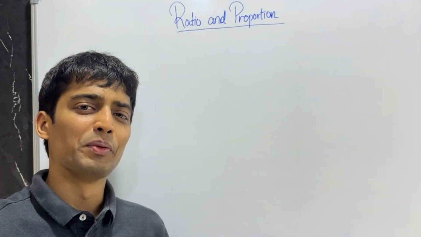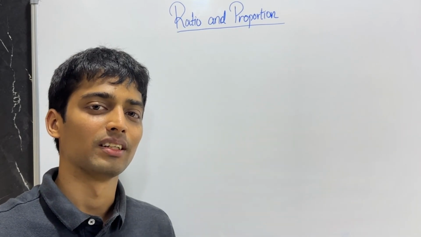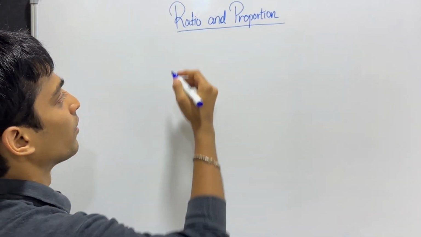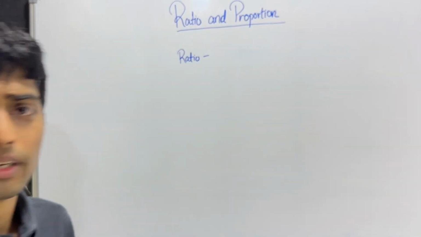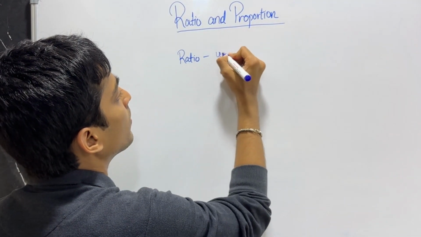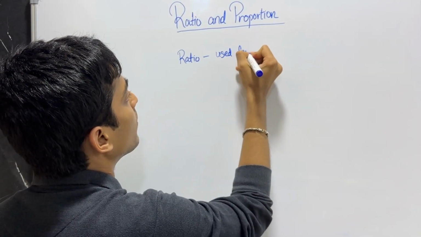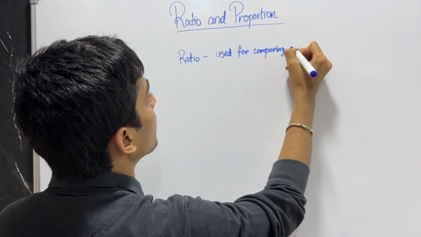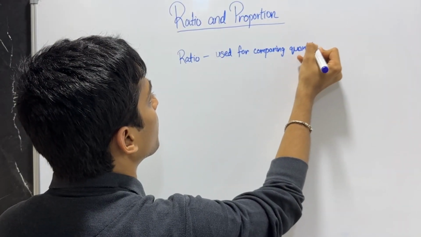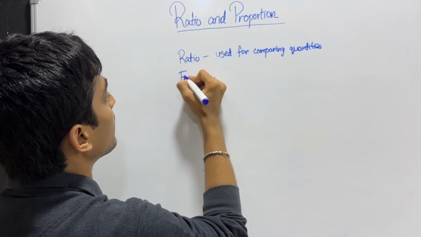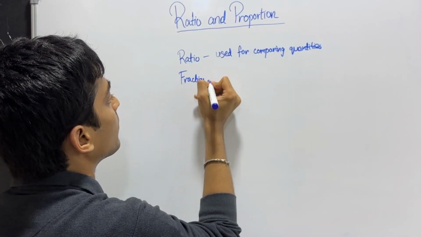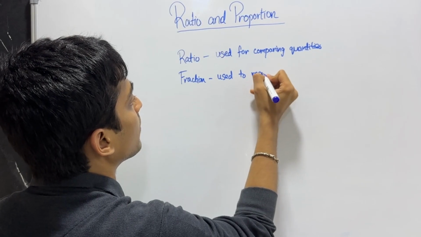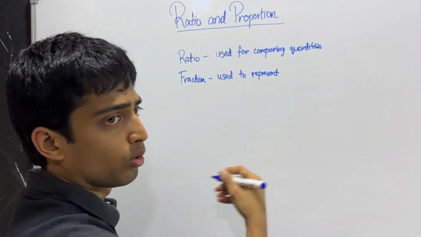Okay, now you might be wondering, if ratio is just division, then what is the difference between ratios and fractions? So let's find out. Ratio is used for comparing quantities and fraction is used to represent part of a whole.